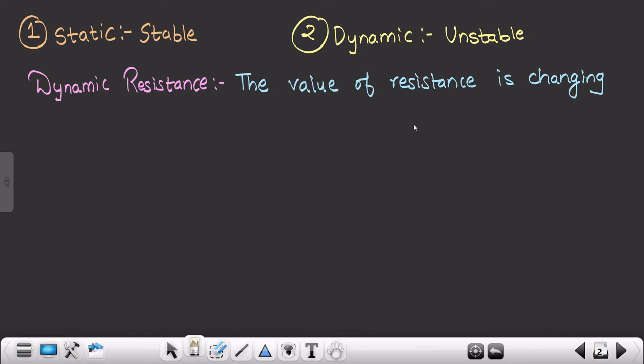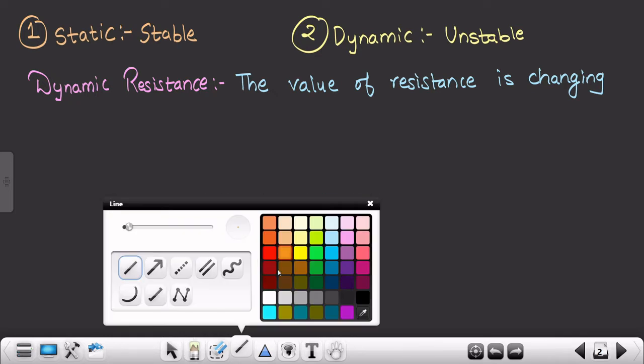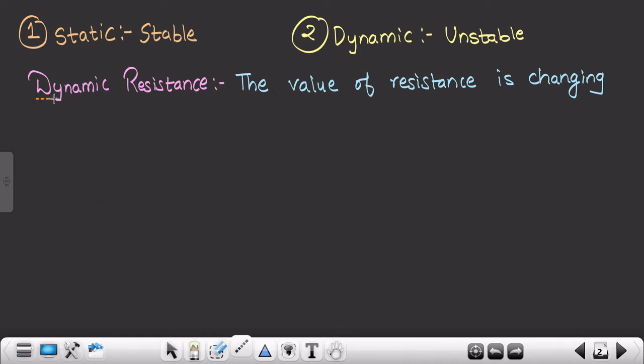Let me highlight it properly. This is a dynamic resistance, and what it states is unstable resistance, right? Unstable resistance. This is what we can conclude as of now.